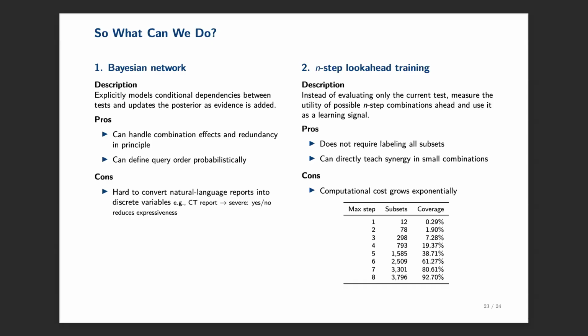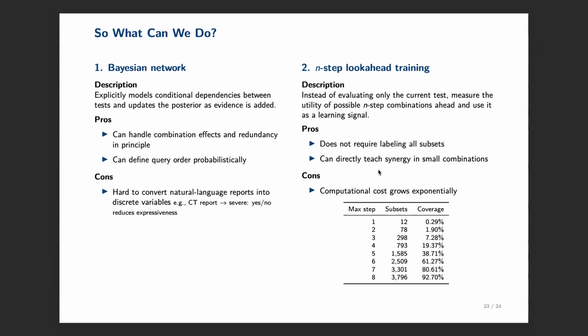At this point, I'm considering two possible directions, but the experiments are still ongoing, so in this video, I'll keep the explanation simple. The first direction is a Bayesian network. The idea is to explicitly model conditional dependencies between tests so that the value of one test can change depending on what evidence has already been observed.